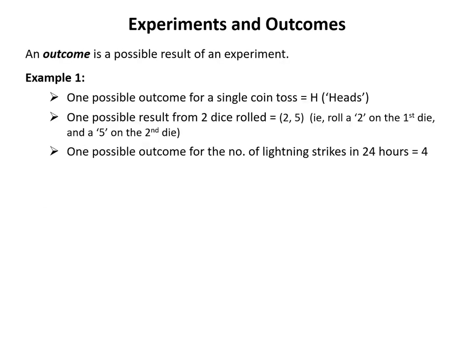An outcome is a possible result of an experiment. So in example 1, we take a look at these experiments that were mentioned in the previous slide.